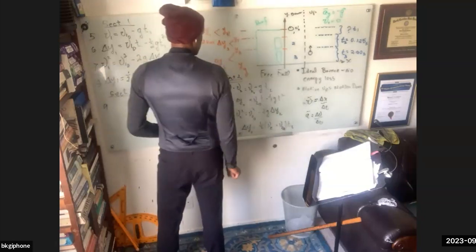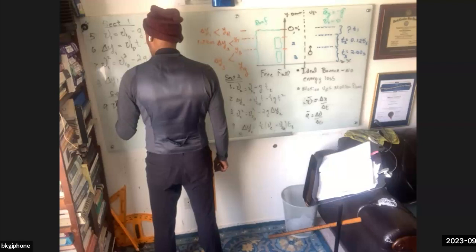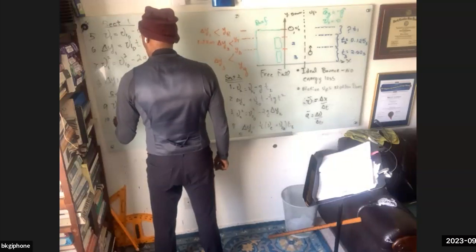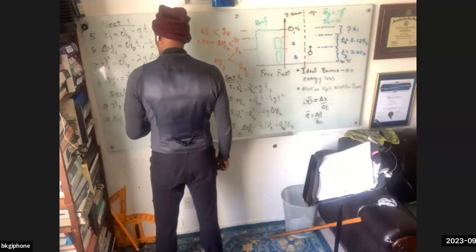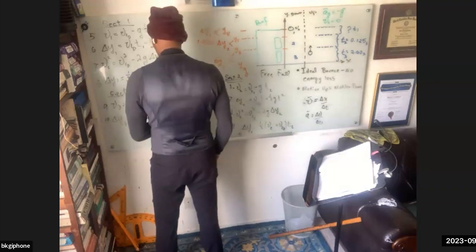Now I'm in this section, and I have V3 equals V3 naught minus GT3, and then delta Y3 is equal to V3 naught times T3 minus 1/2 G T3 squared.